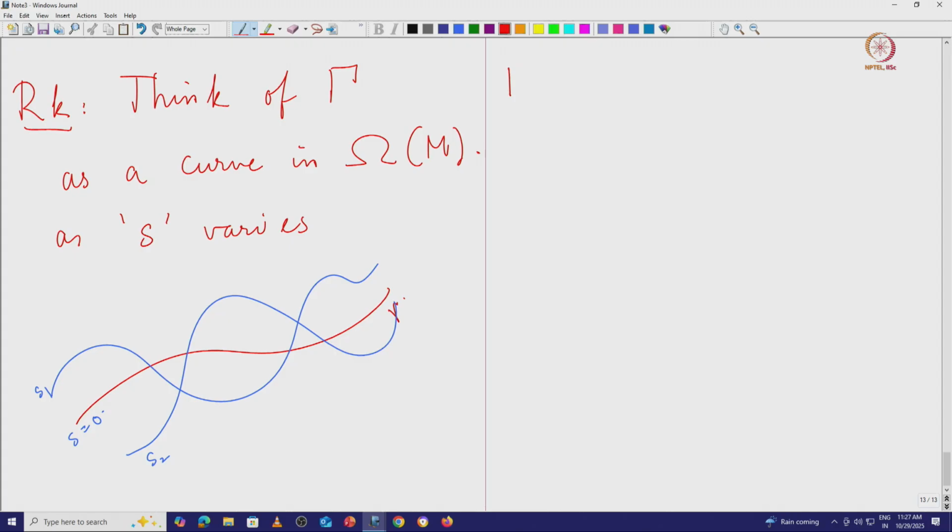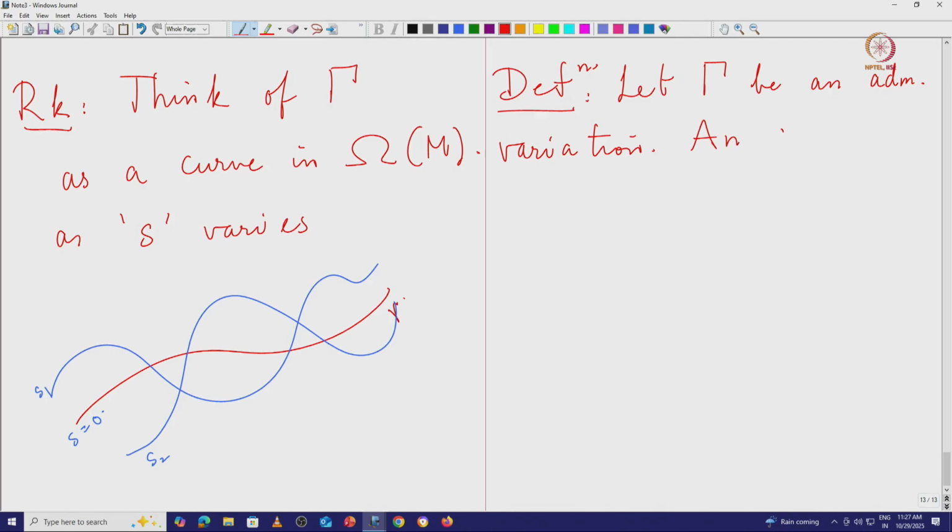Okay. And finally I need the following definition. I also need to have a definition for an admissible vector field along capital gamma. So, let gamma be an admissible variation. So there are 3 more definitions.